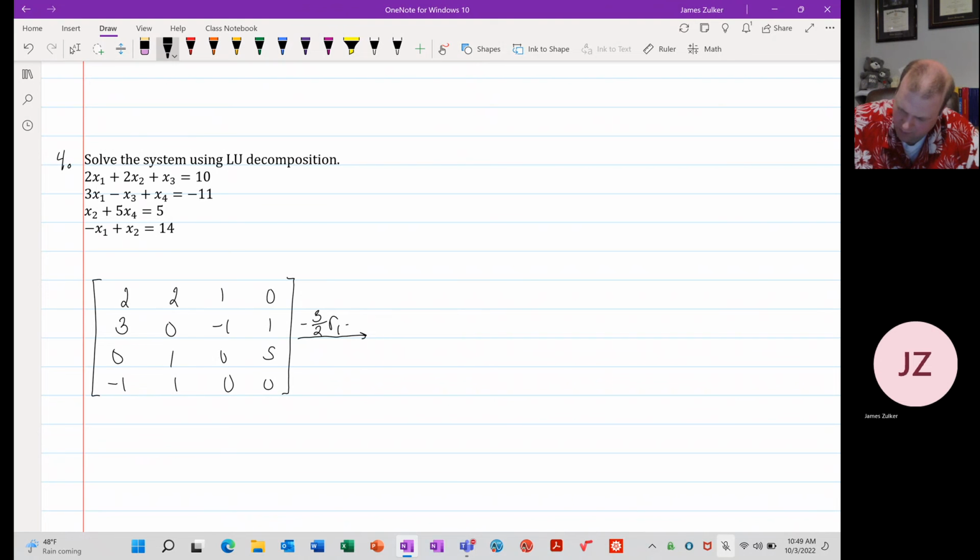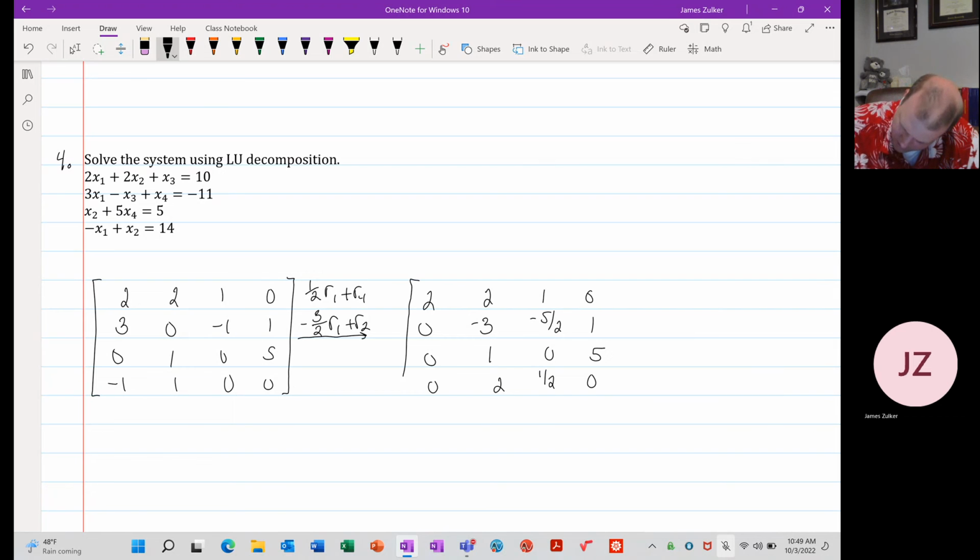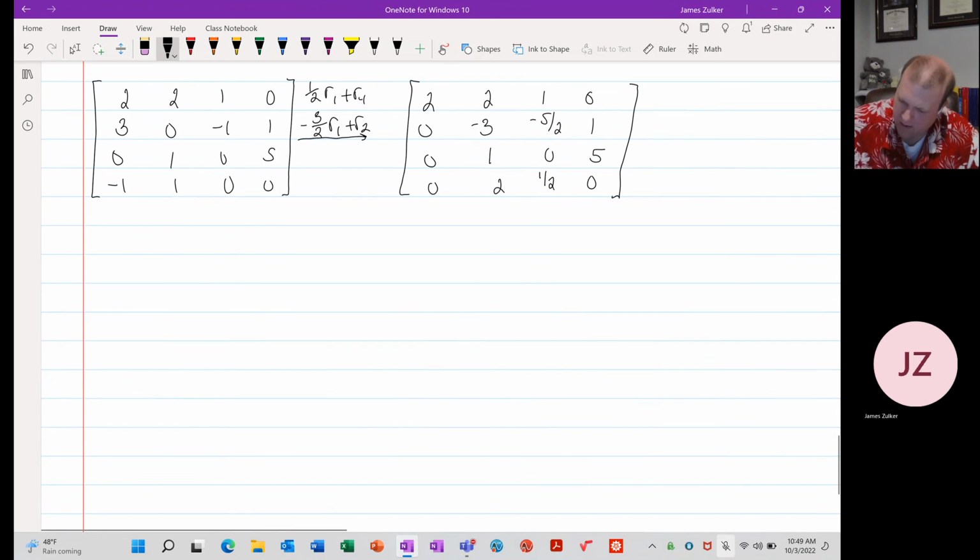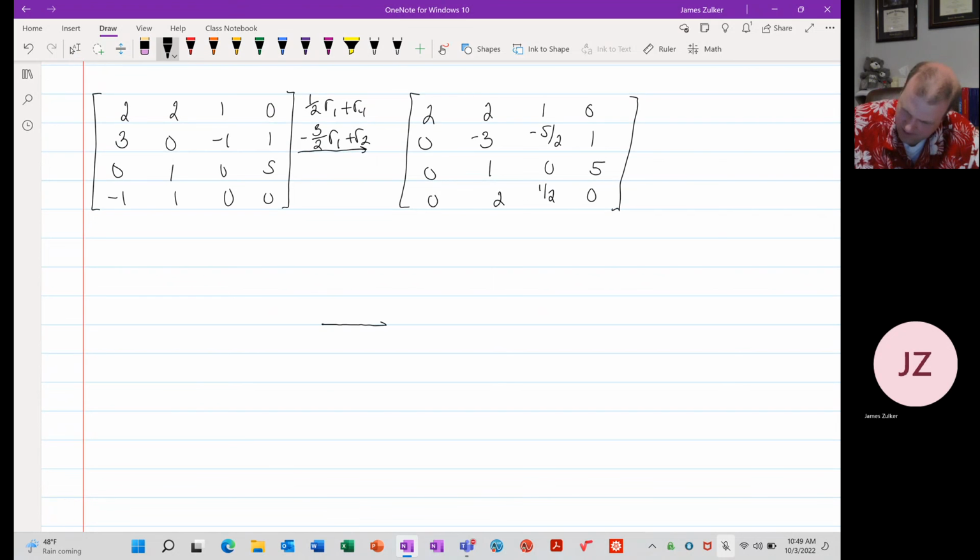Negative 3 halves row 1 plus row 2. 1 half row 1 plus row 4. Next up, 1/3 row 2 plus row 3. 2/3 row 2 plus row 4.